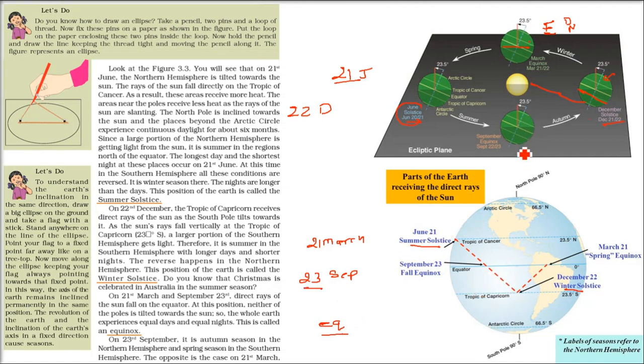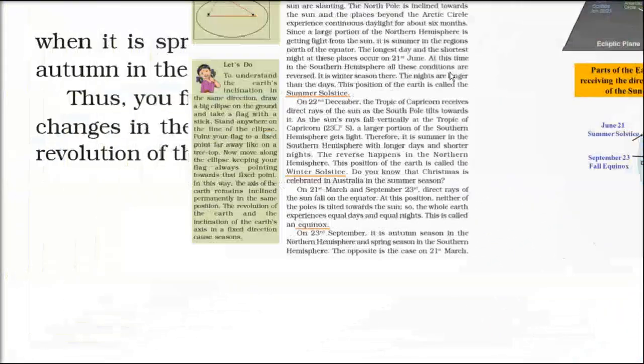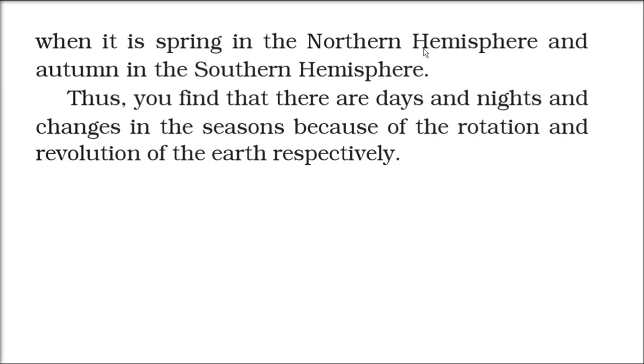Similarly, the case is with 23 September, the autumn season. It is autumn in the northern hemisphere and spring in the southern hemisphere, which is the opposite of what we discussed for 21st March, when it is spring in the northern hemisphere and autumn in the southern hemisphere.